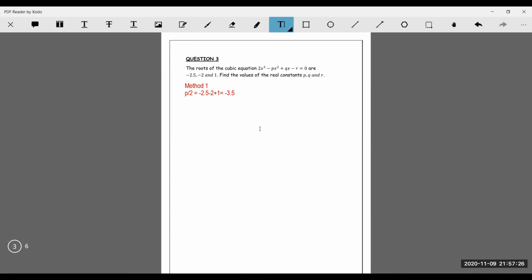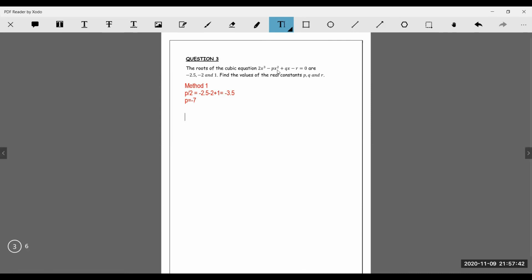That's P over 2. Now, if P over 2 is negative 3.5, then P works out to be 2 times negative 3.5, which is negative 7. So P equals negative 7.